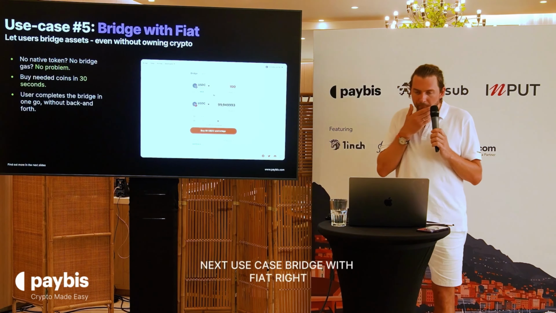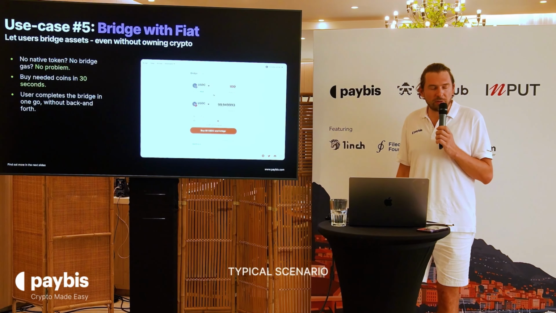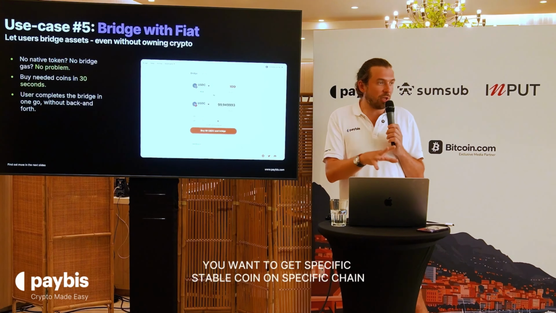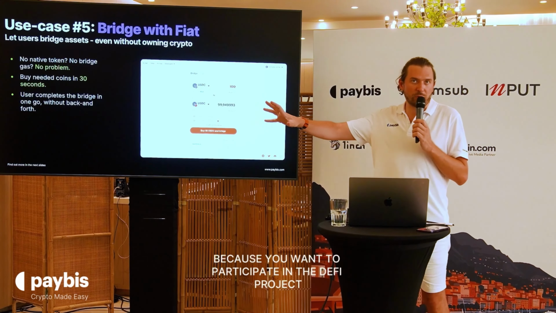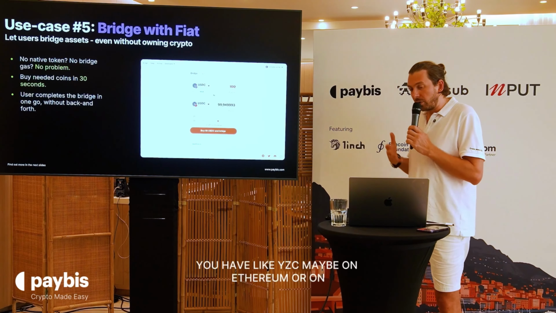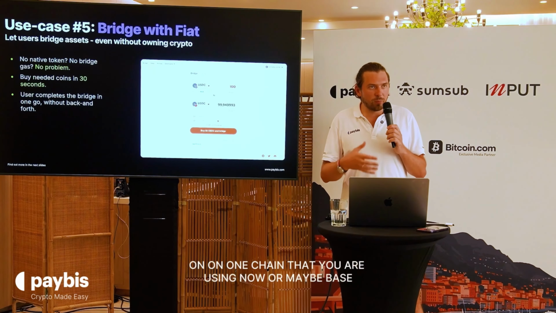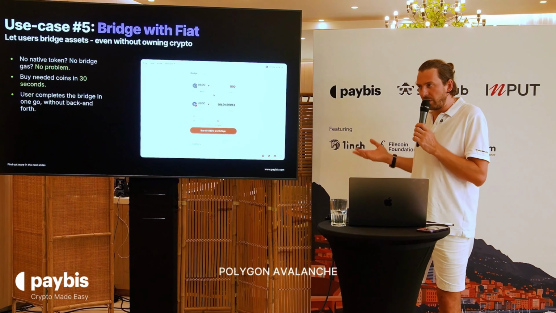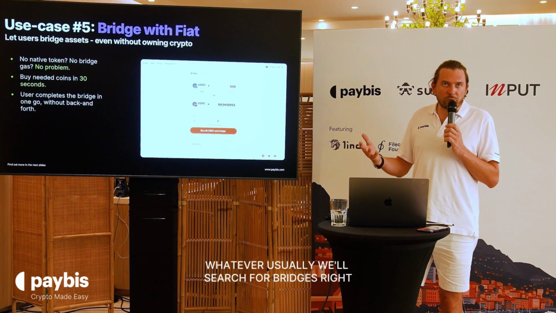Next use case, bridge with fiat. Typical scenario: you want to get a specific stablecoin on a specific chain because you want to participate in a DeFi project. So you have USDC maybe on Ethereum, or Base, or one chain that you're using now, and you want to move to, I don't know, Solana, Polygon, Avalanche, whatever. Usually we search for bridges.